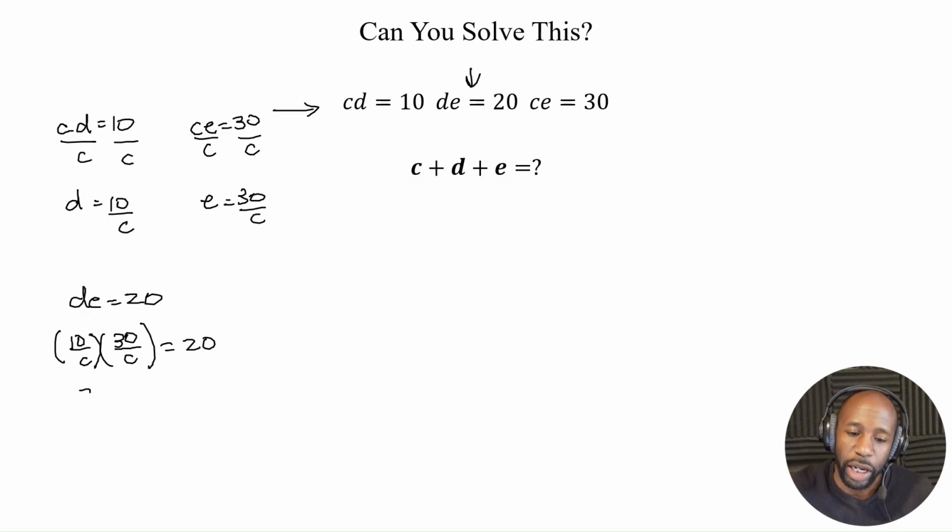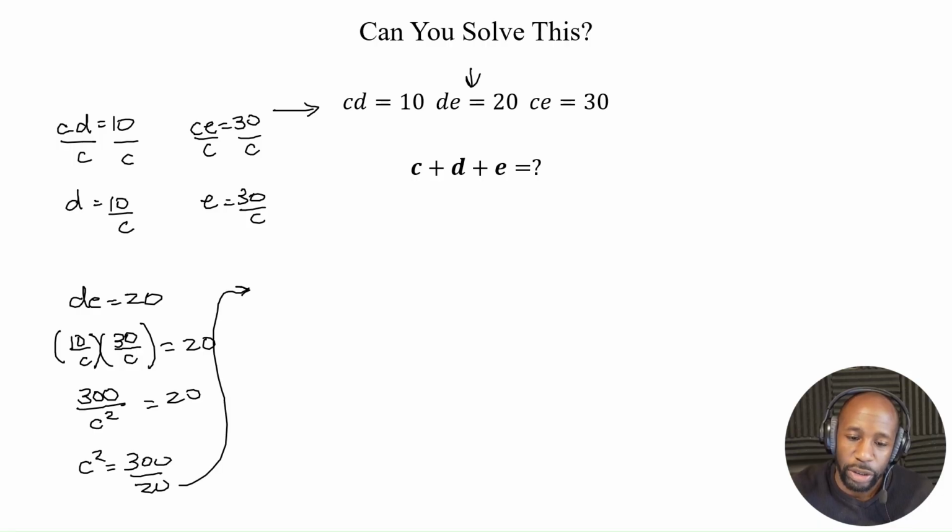So let's multiply: 300 over C squared equals 20. By cross multiplication, we can see that C squared equals 300 over 20, which is C squared equals 15. Take the square root, and because we're taking the square root, the answer is going to be plus or minus the square root of 15.